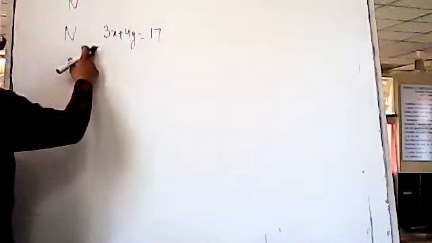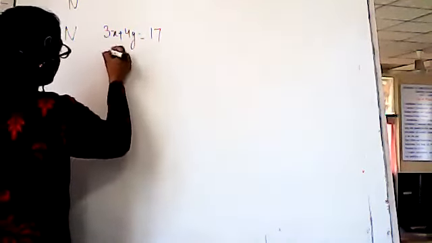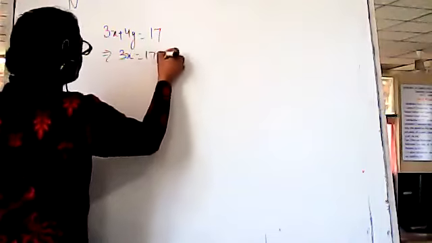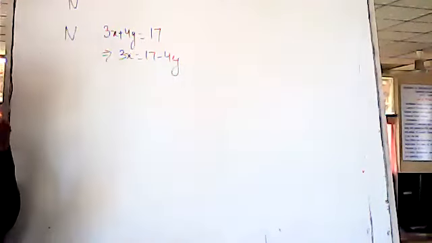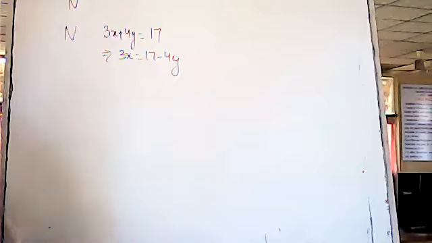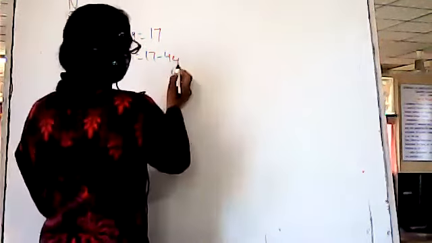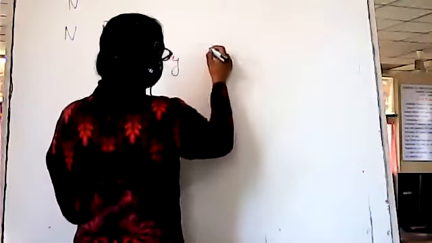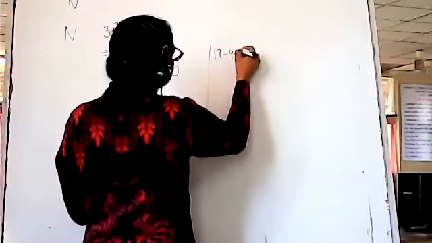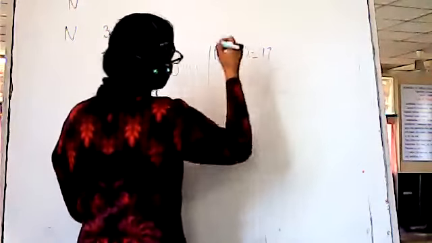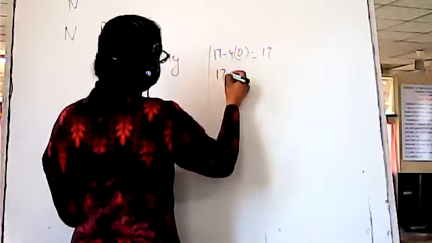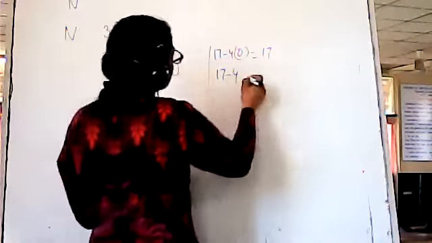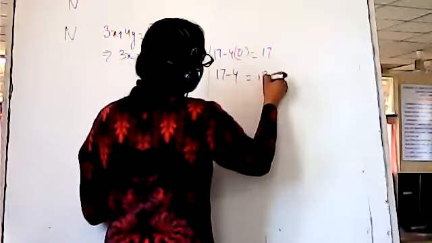Now given that 3x plus 4y equals 17, we can write 3x equals 17 minus 4y. Here S is the relation defined on the set capital N of positive integers. If we put y equals 0, it will be 17 minus 4 into 0, that is 17. If we put y equals 1, it will be 17 minus 4, which is 13.